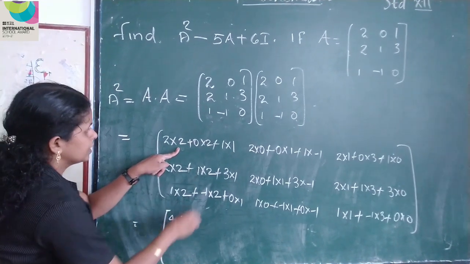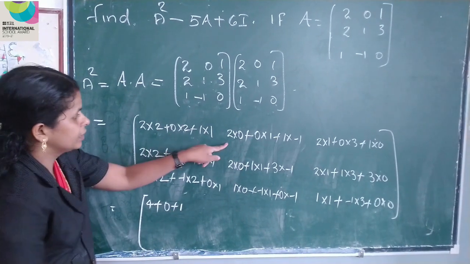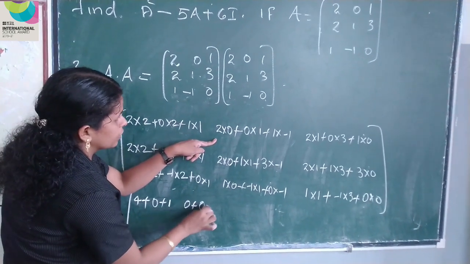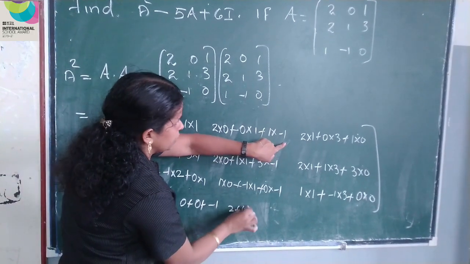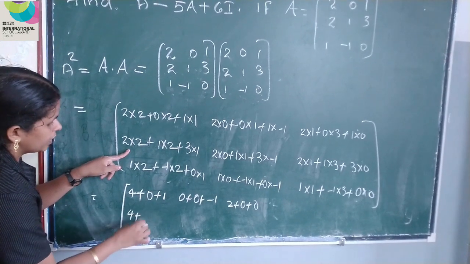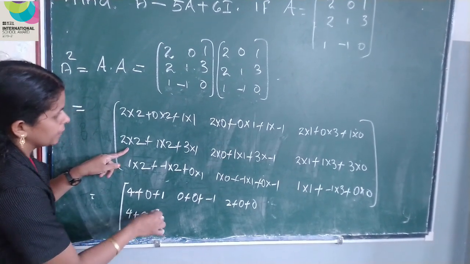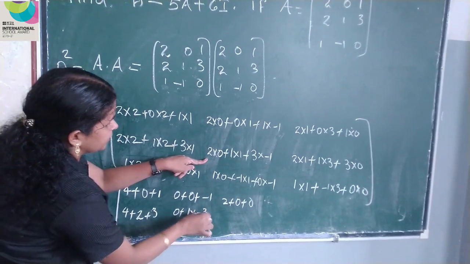Which is equal to the matrix: 2 into 2, 4, plus 0 into 2, 0, plus 1 into 1, 1. Here 0 plus 0 plus minus 1. Here 2 plus 0 plus 0. Here 2 into 2, 4, plus 2 plus 3. 0 plus 1 plus minus 3.